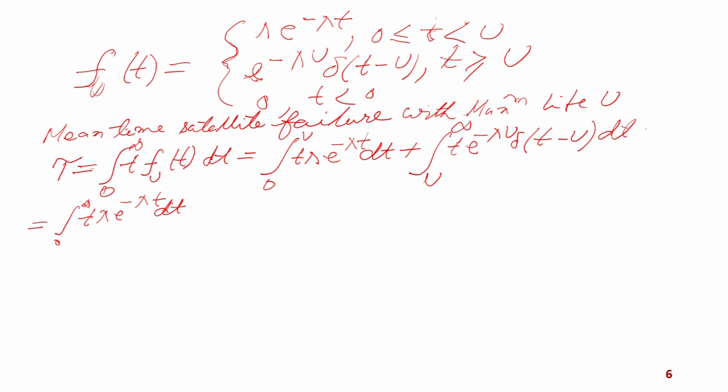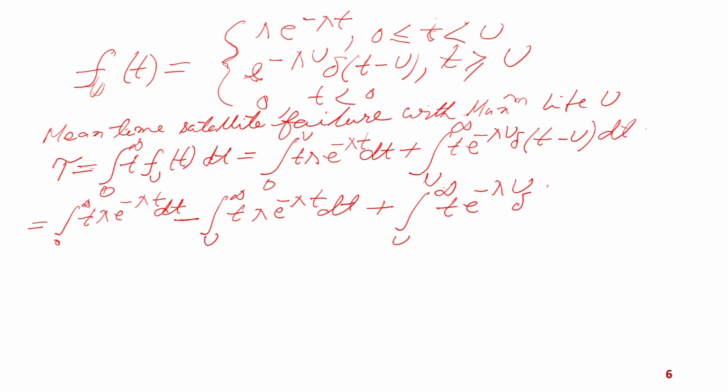Then I am doing it from 0 to u, so I need to subtract from it the integral from u to infinity of t lambda e to the power minus lambda t dt, and this is the same as we have written, the integral from u to infinity of t e to the power minus lambda u delta(t minus u) dt.